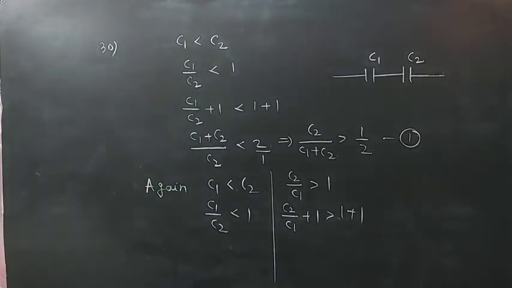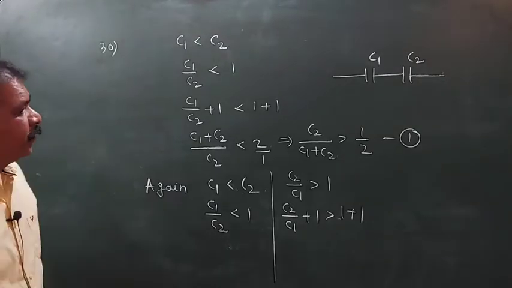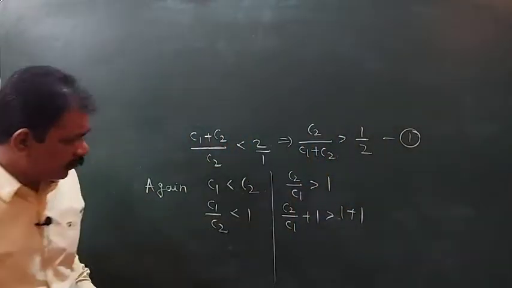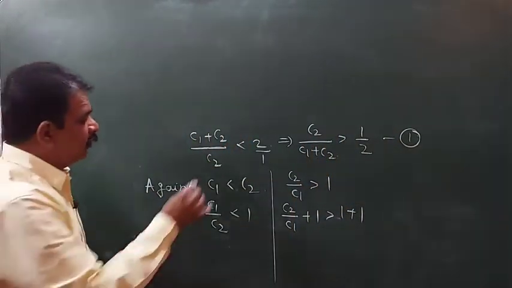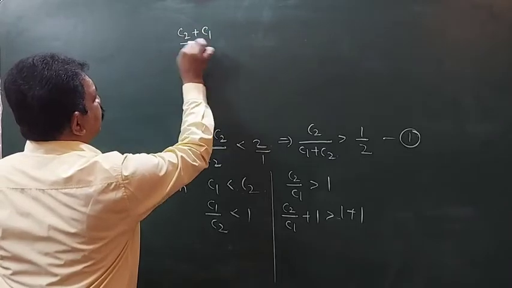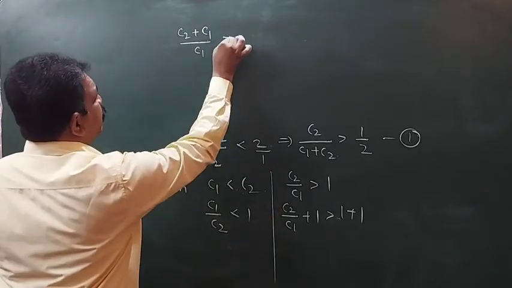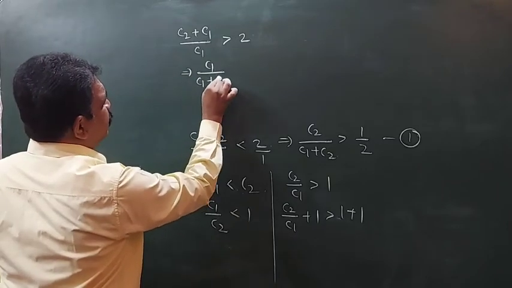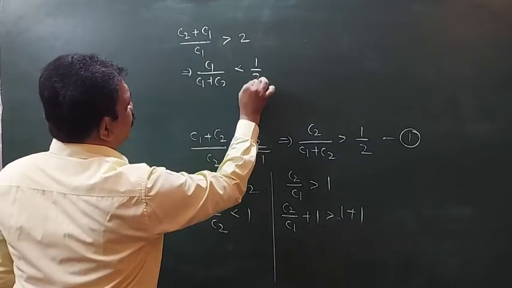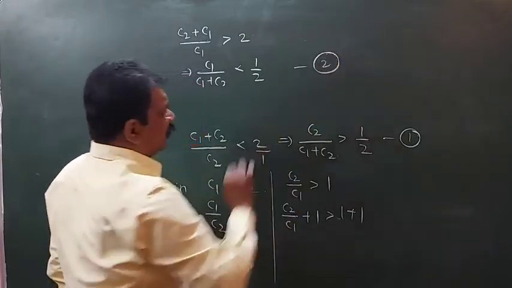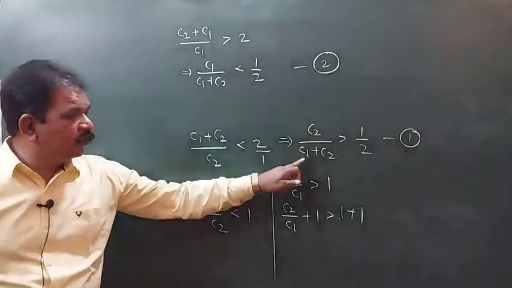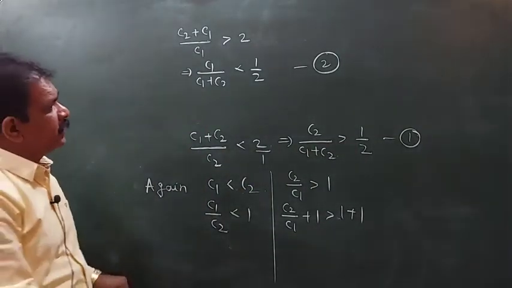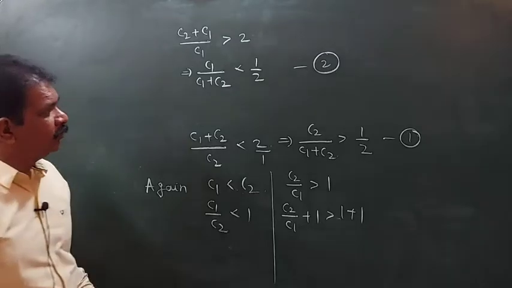Then C2 plus C1 by C1 is greater than 2. That implies C1 by C1 plus C2, reversed, is less than 1 by 2. We got these two equations: C2 by C1 plus C2 is greater than 1 by 2, and C1 by C1 plus C2 is less than 1 by 2.